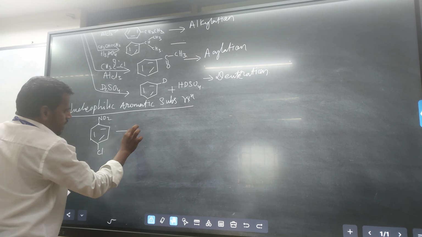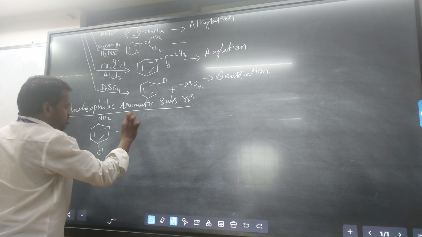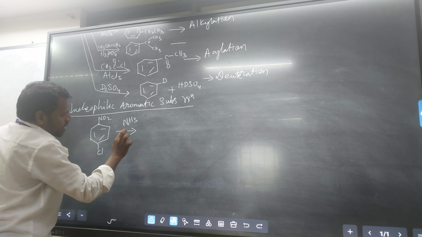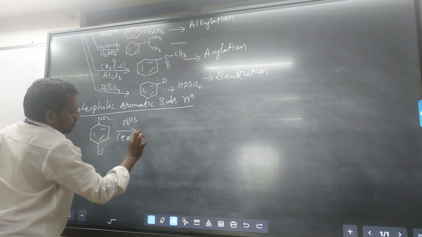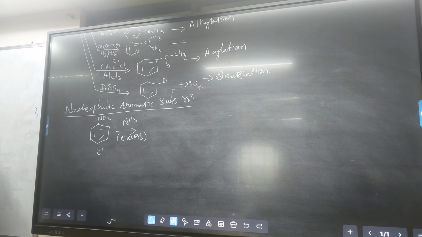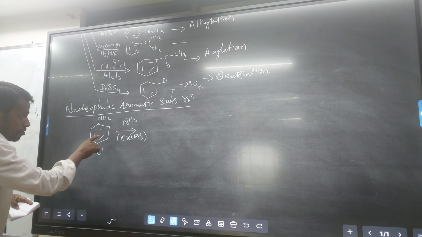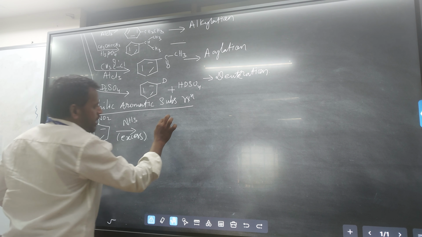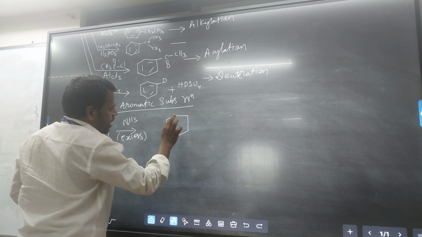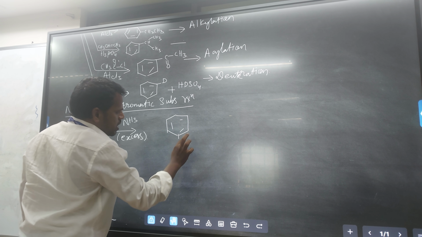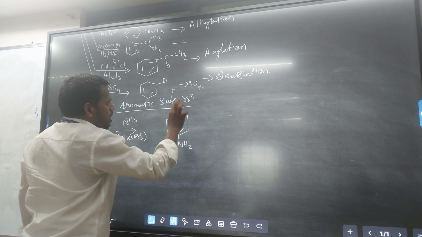If you add NH3, in excess amount, NH3 is a gas. You can pass the NH3 gas into the chloronitrobenzene. So what happened here? The substitution happens on the chlorine side.